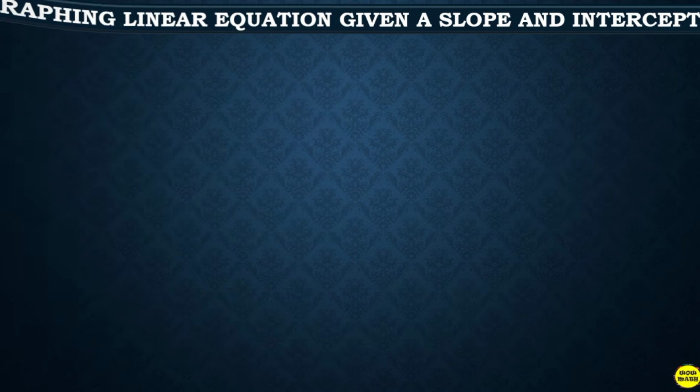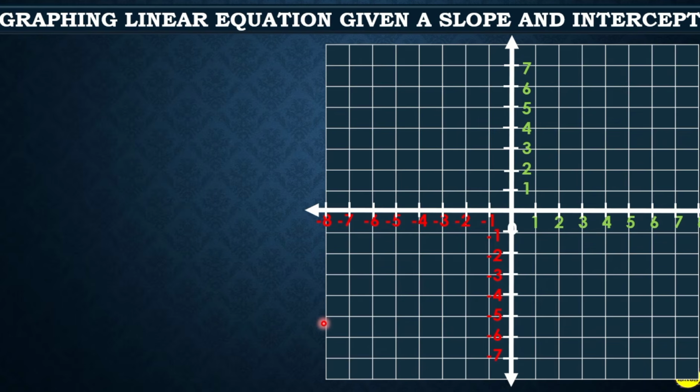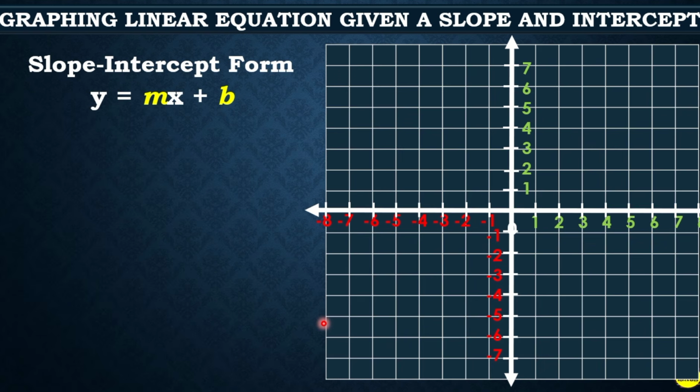Okay, let's have an example. How are we going to graph a linear equation given the slope and intercept? Since we will be using slope-intercept form, the slope, m, and the intercept, b, should be given. How do we graph them?